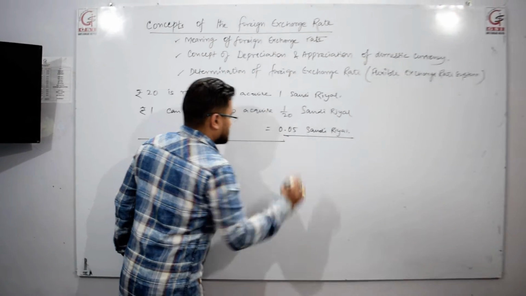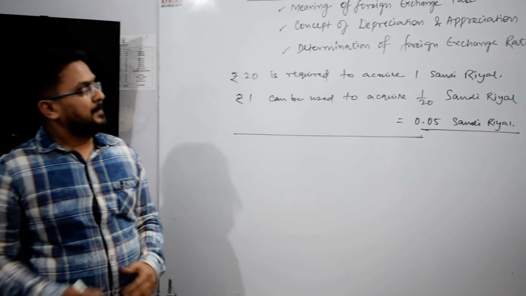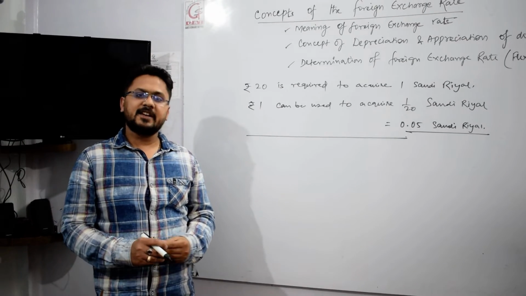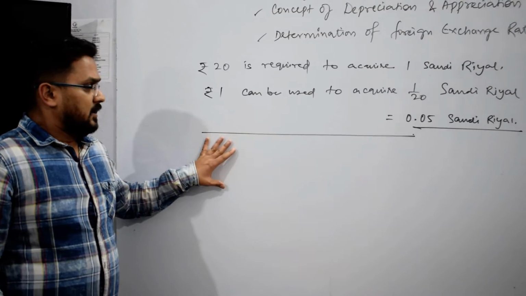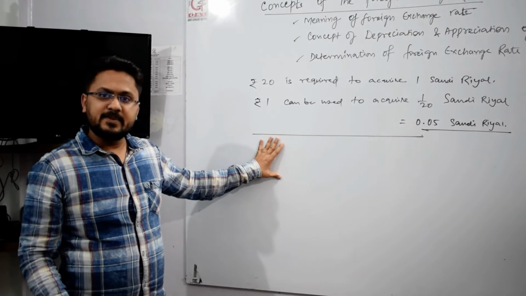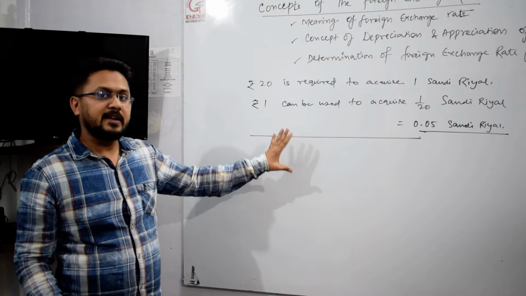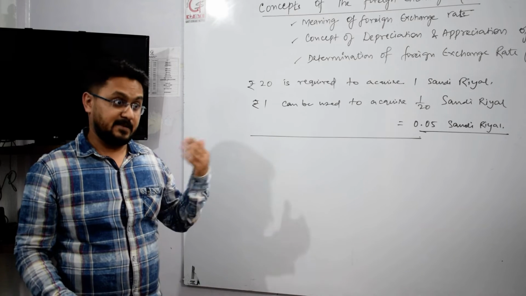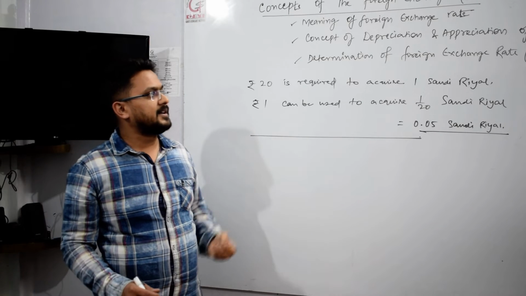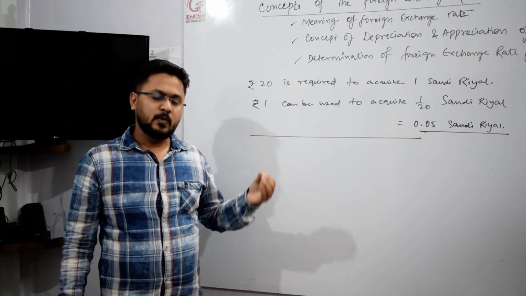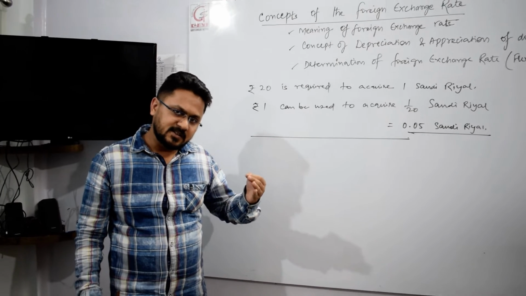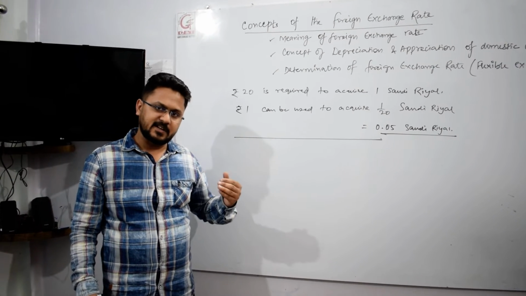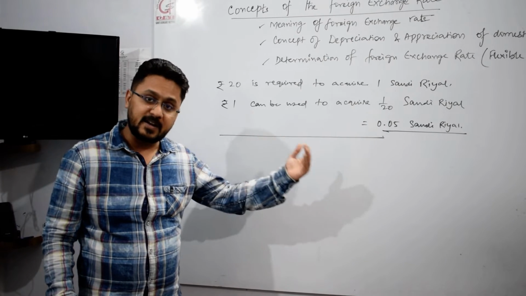Okay, so now what is the meaning of depreciation and appreciation of the domestic currency? Now in general, depreciation means fall in the value of something. Now we are talking about depreciation of domestic currency, which means it is a fall in the external value of the domestic currency in the foreign exchange market.